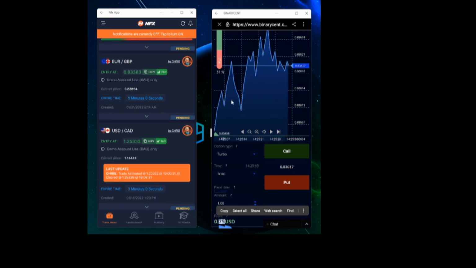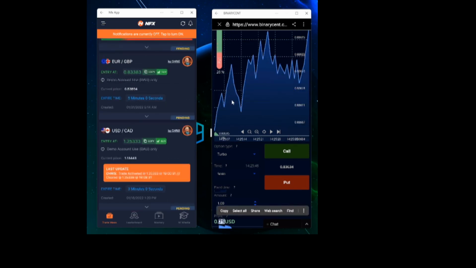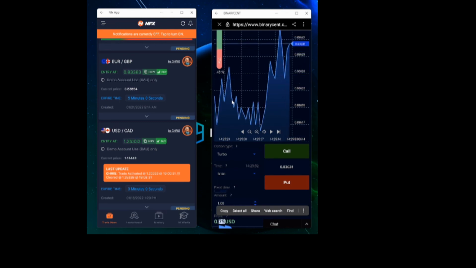So right now we're just waiting for the trade to end to determine if I would win or lose. And then at the end of the trade, you will get a little box to tell you if you had a profit, etc., to see if you won or lost the trade. Again, if you did a call, or if you hit the green button, as long as the price is any amount above where you entered, you will win the trade.